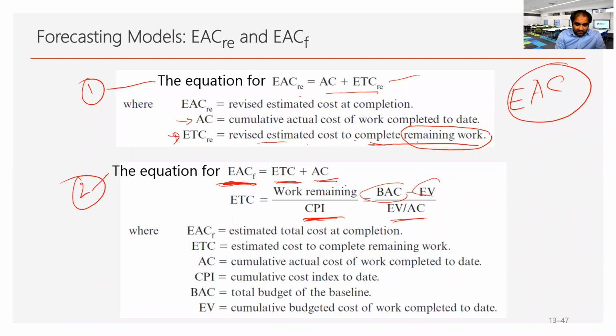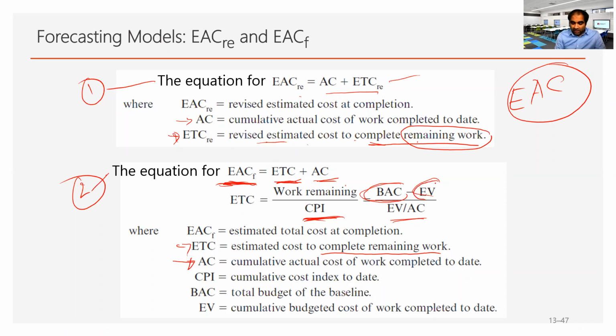AC is the actual cost of work completed to date. ETC is the estimated cost of the remaining work. In calculating ETC, this is the remaining work divided by CPI. Remaining work is budgeted cost minus earned value.